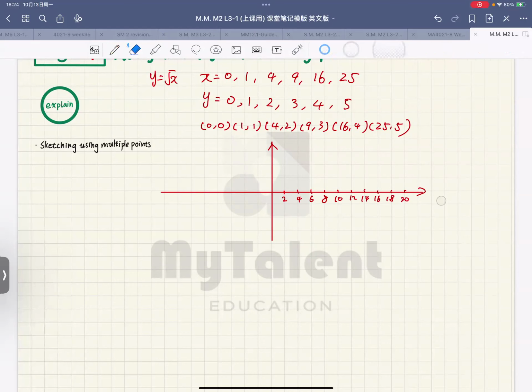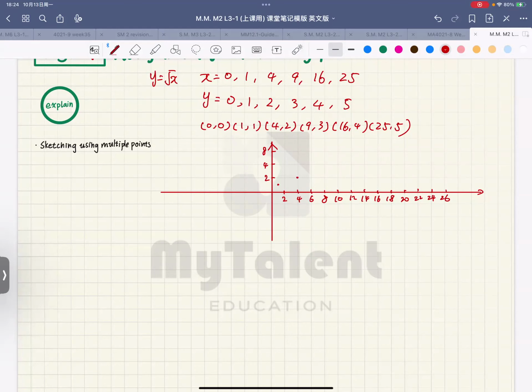I need more. 22, 24, that's 26. All right, and that's 2, 4, 8.